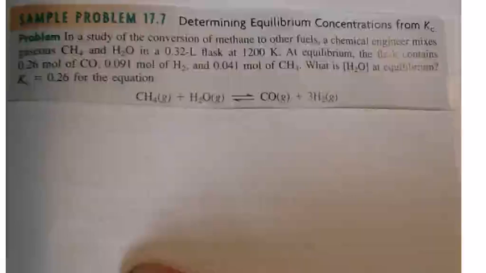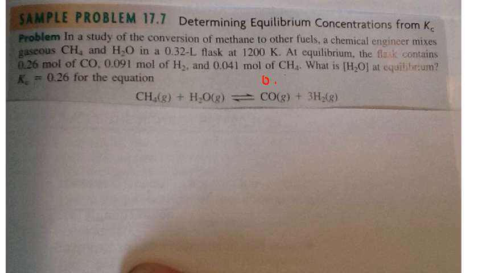At equilibrium, the flask contains 0.26 moles of carbon monoxide, 0.010 moles of hydrogen gas. So let's actually maybe add this to it. 0.091 moles of, oh, that was the H2. I'm going to back up.